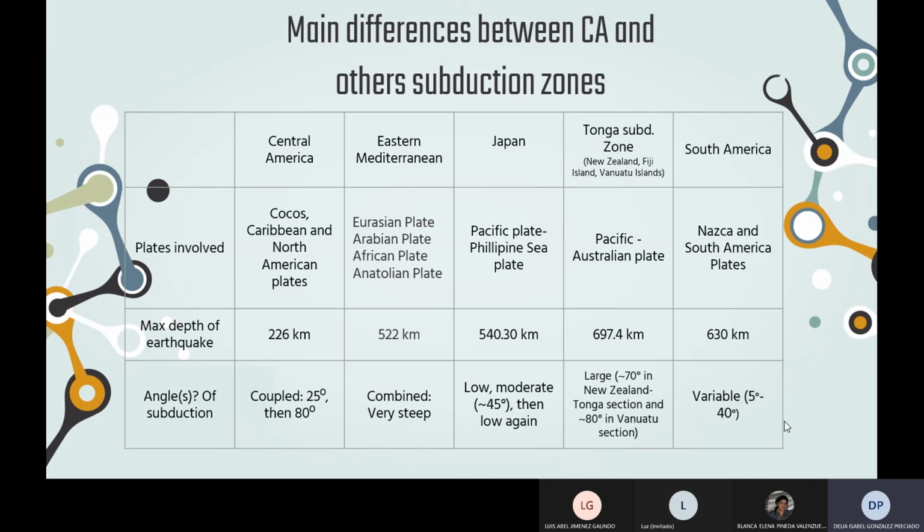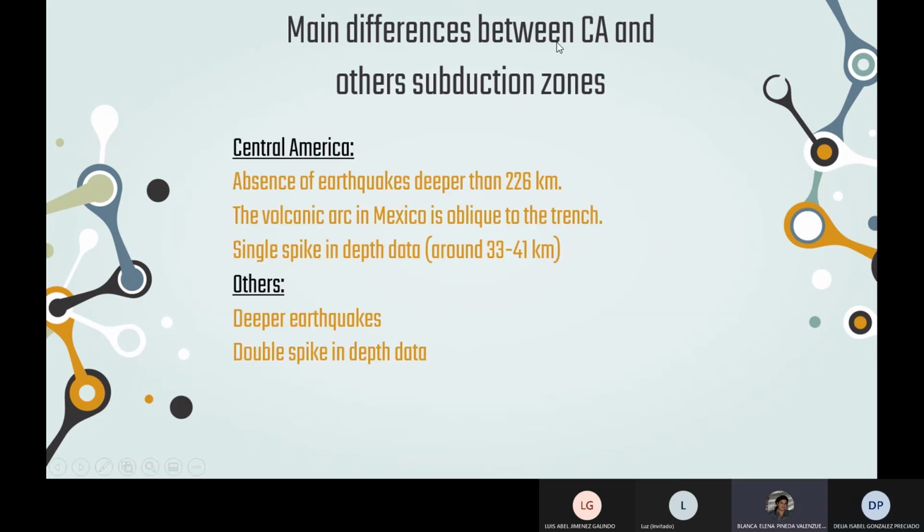For example, the Tonga subduction zone with around 70 to 80 degrees. And for example, in South America and in the Japan subduction zone, we have from low to moderate, and it's very variable. The main difference between Central America and the other subduction zones can be stated as follows.